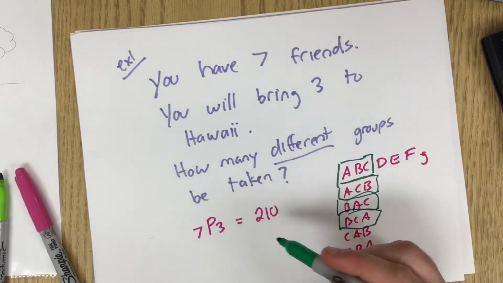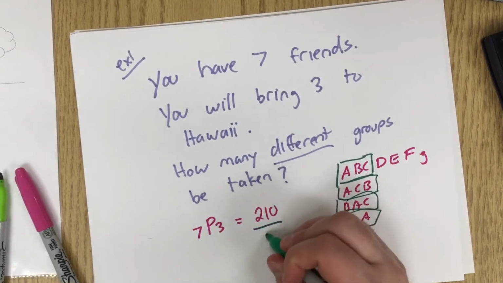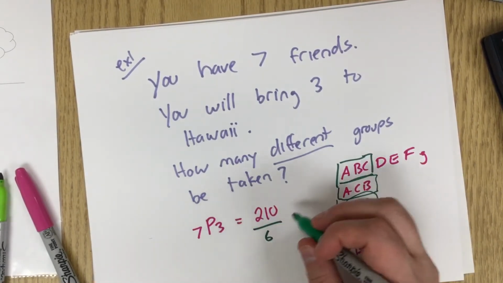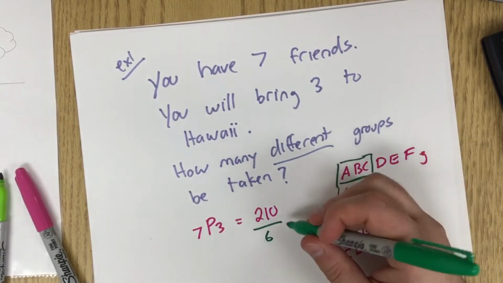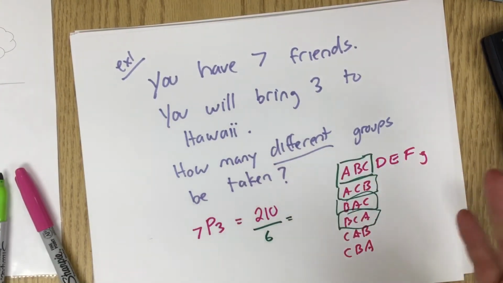So of the 210, we could divide it by 6, in other words, 3 factorial, to figure out how many different groups there are.